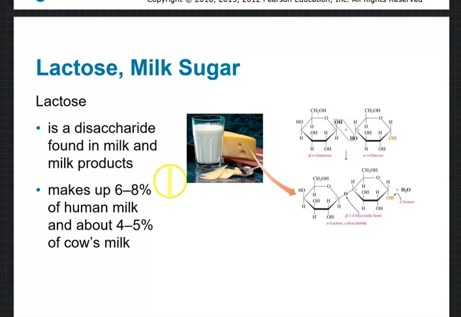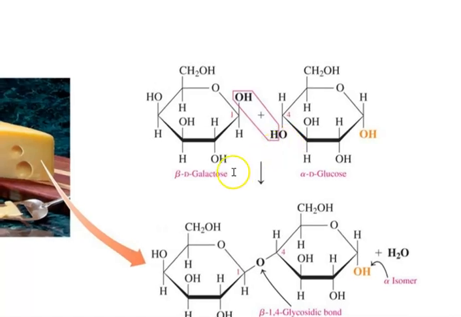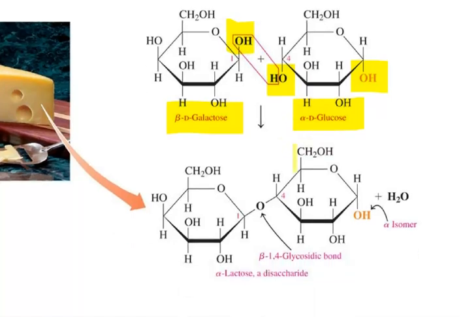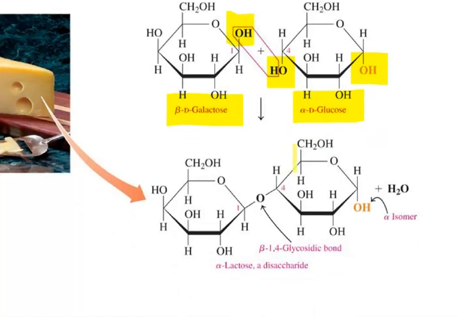Lactose is the product in which galactose and glucose are combined. Okay? So you have alpha glucose and you have beta D-galactose. Since galactose is beta and the bond goes from 1 to 4 in that direction, we ask what is the position of the OH group at the first carbon.